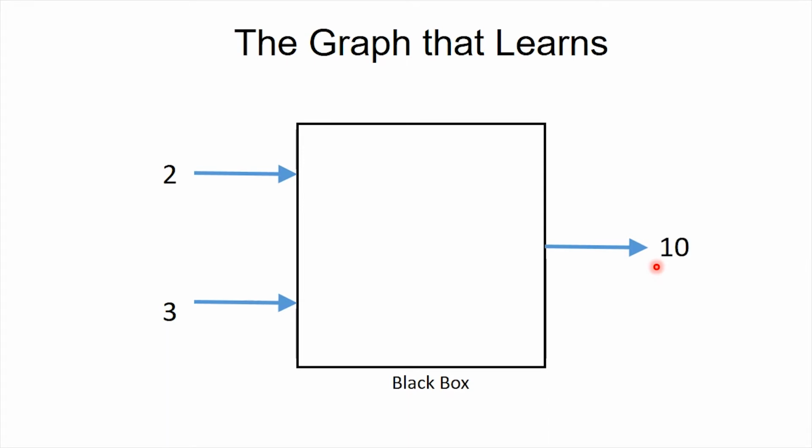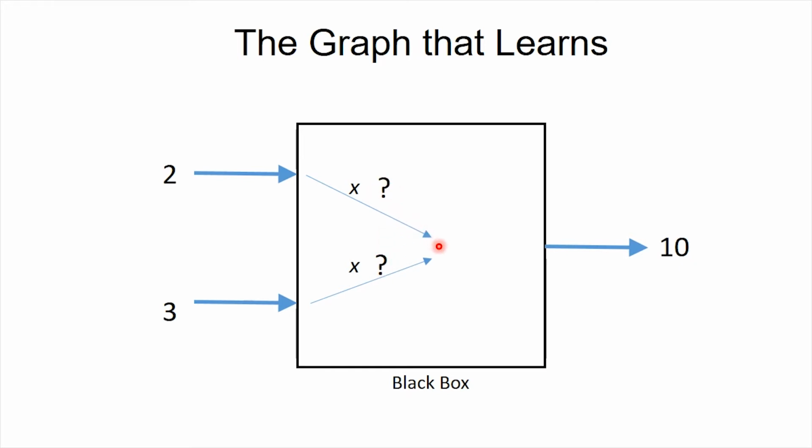Well, to get our black box to respond accordingly, we need to open the box and see what's going on inside. Once we do that, we find that in order to produce an output, the box internally multiplies the two inputs by some still unknown numbers.